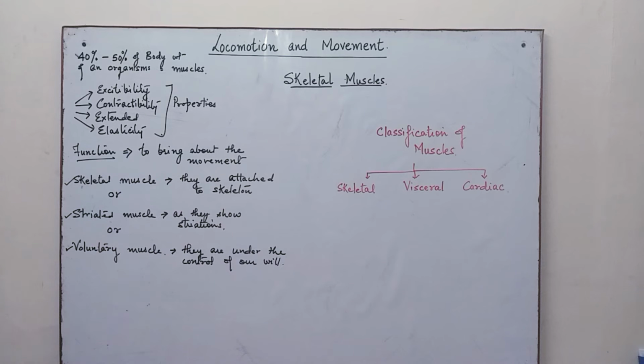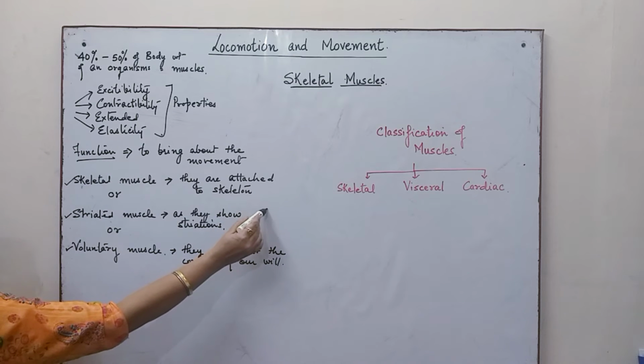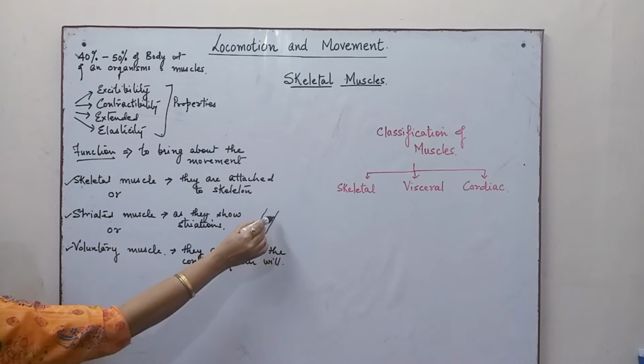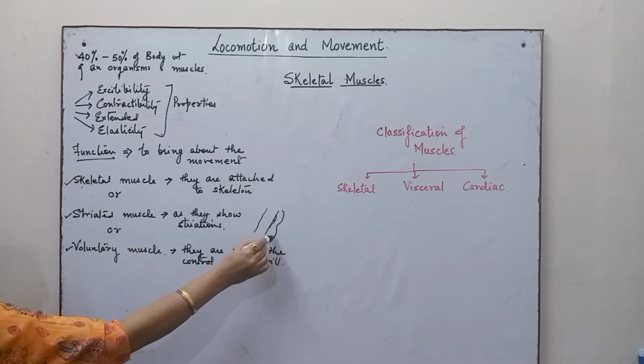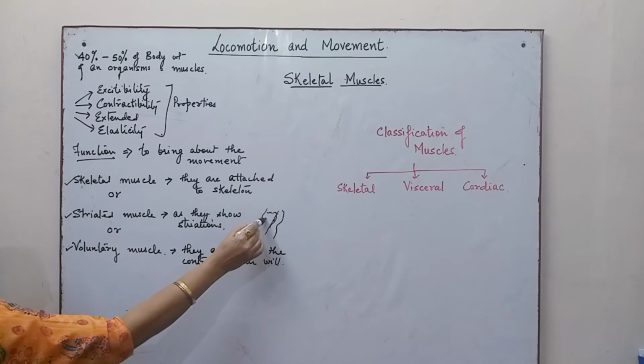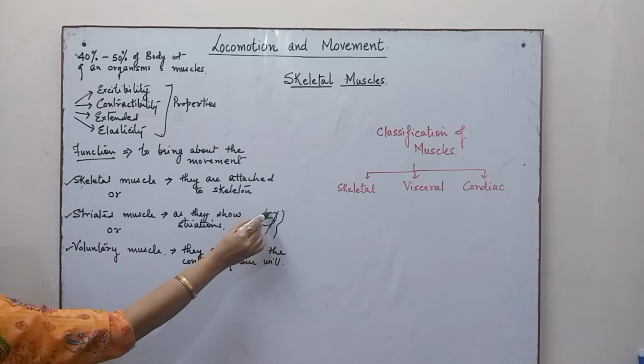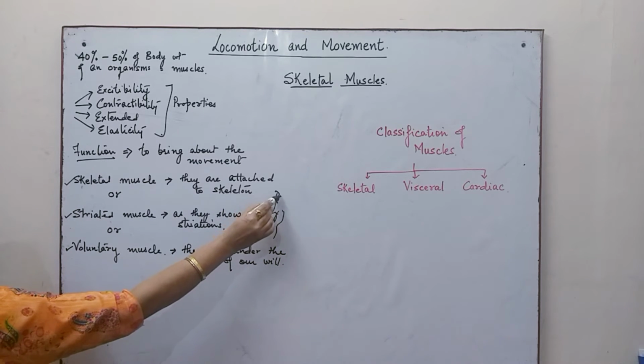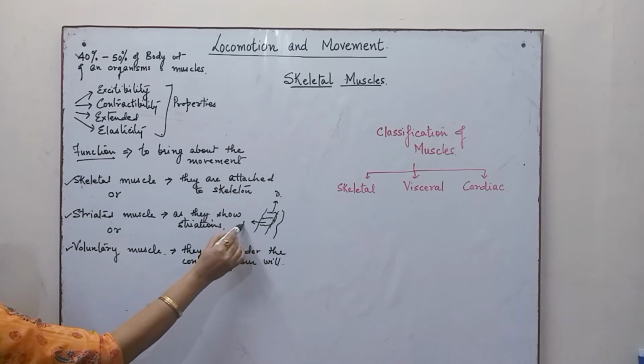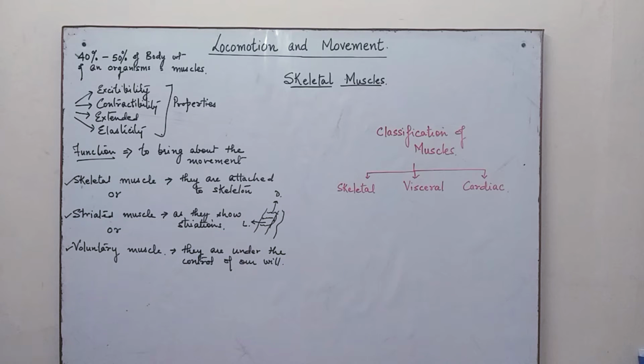So these are the various names of the skeletal muscles. Striations means when we see the structure, these muscles have structure like this and they will be showing light and dark band. So this is the dark band and this region is the light band. So we will find prominent striations in them.